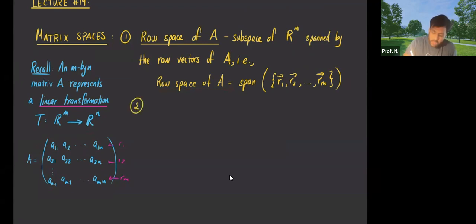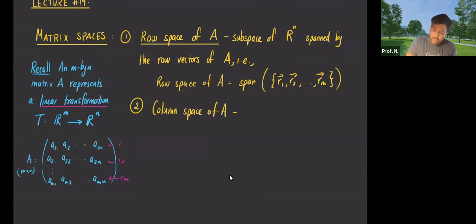Second one is the column space of A. And as you can tell, remember A is m by n. So pardon me, this should be not Rm but Rn. So these little letters matter.